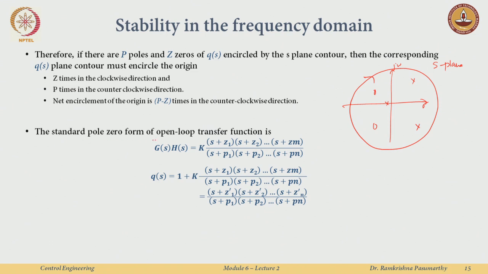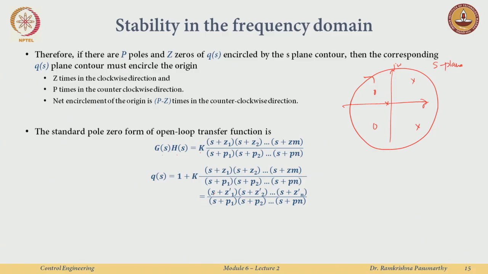In the standard pole-zero form, my open loop transfer function GH again has a set of zeros and a set of poles. And my characteristic equation Q(S) is 1 plus K times this set of zeros over this set of poles.